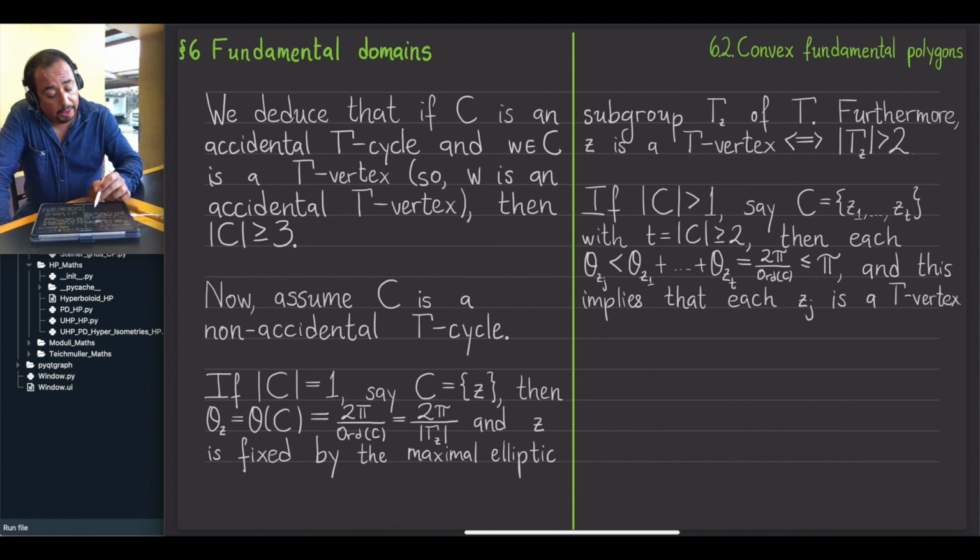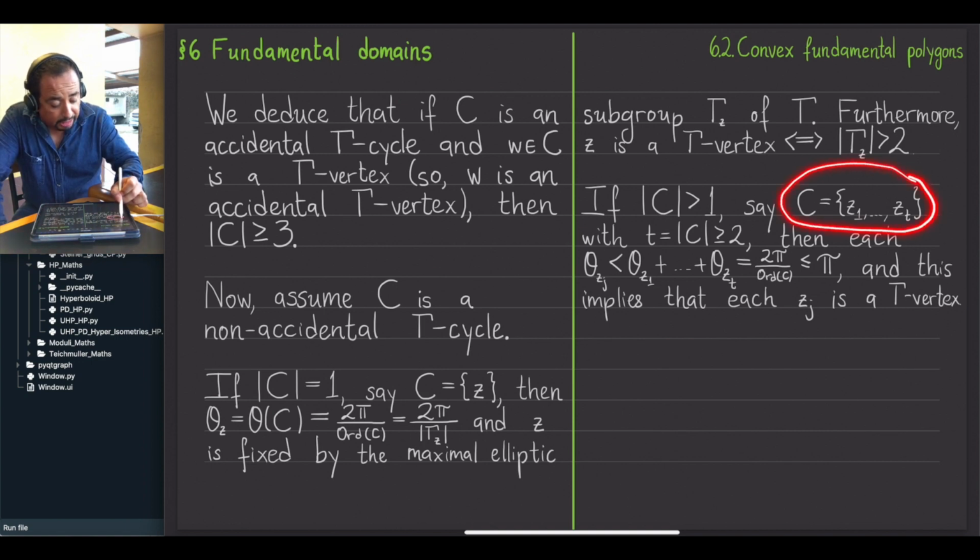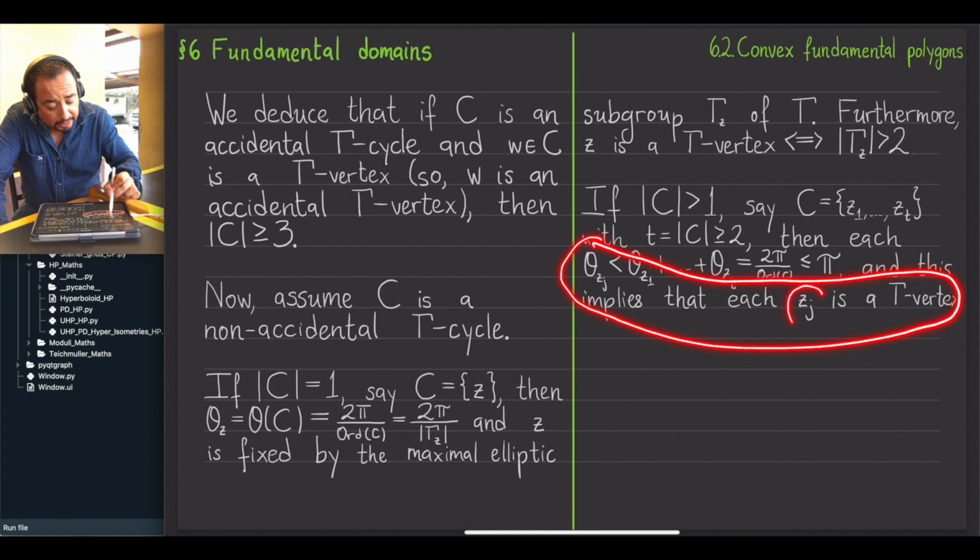Now, if my non-accidental gamma cycle has more than one element, let's say with t elements Z1 to Zt, of course each angle is strictly less than the angle sum, and since each of these orders is at least two, I have this inequality, and this implies that each Zj is a gamma vertex.